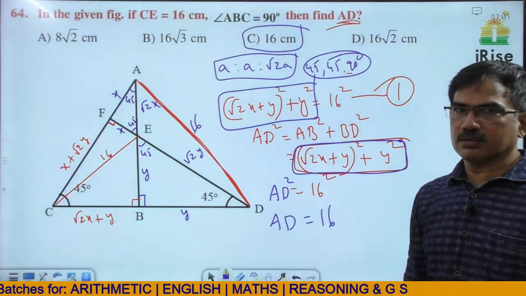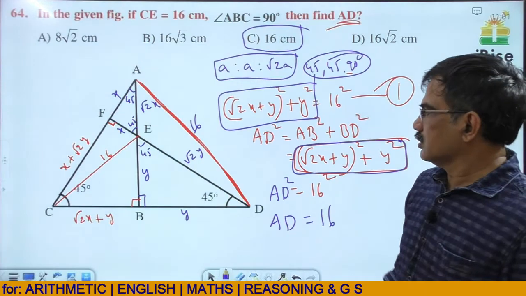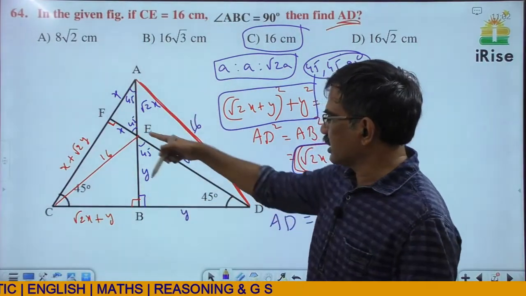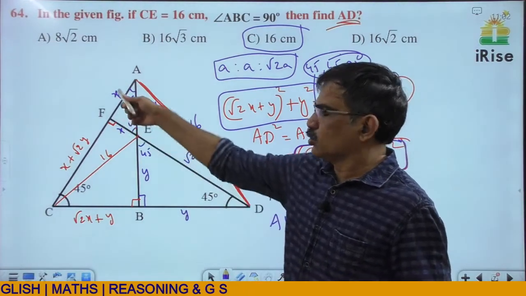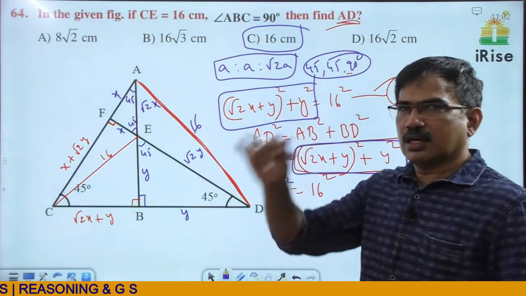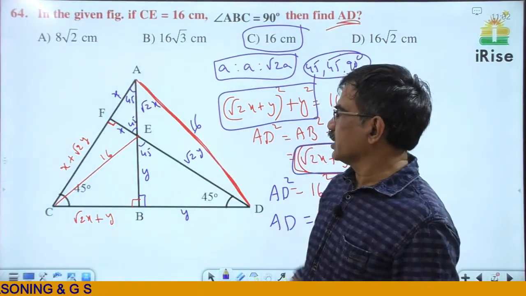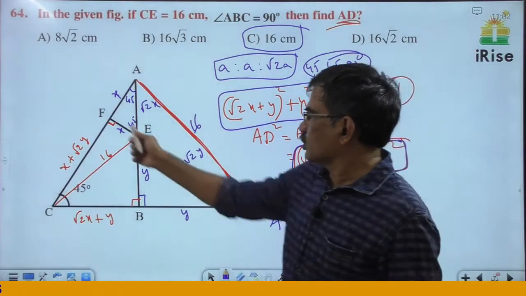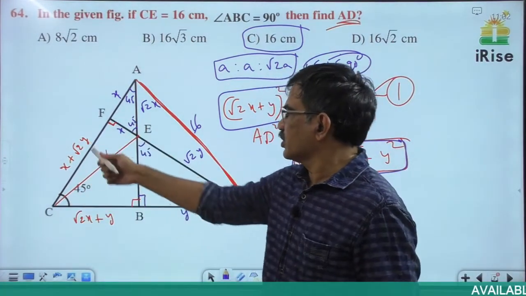Okay, consider this is a right angle isosceles triangle. This is also a right angle isosceles triangle. Two adjacent sides are equal, and the hypotenuse is √2x. Similarly, y and √2y. This total length is the same as this length, so x plus √2y.